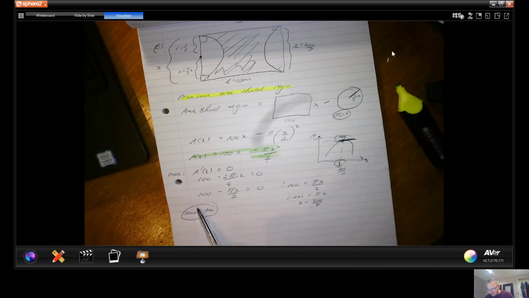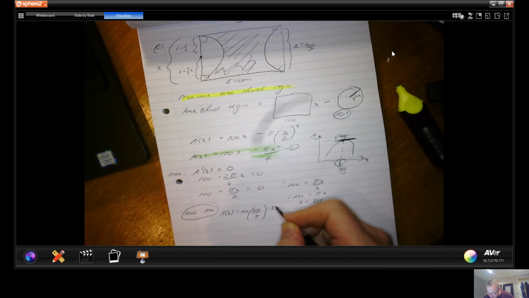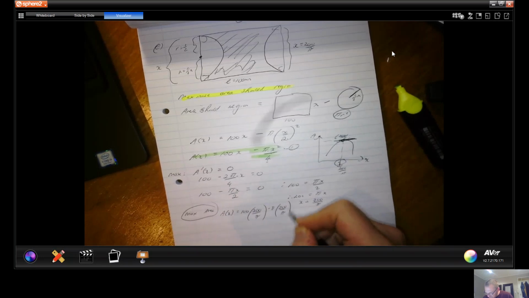If they ask you to now go find the maximum area, I'm going to have to substitute that back into this equation 1 over here. So the maximum is going to occur when x is equal to 200 over pi. So I'm going to get A of x is equal to 100 times 200 over pi, minus pi, x is equal to 200 over pi, and you square it.